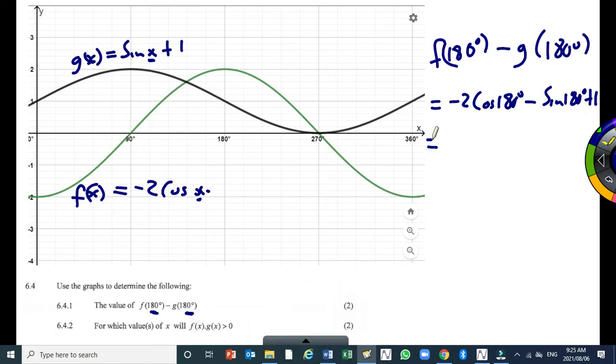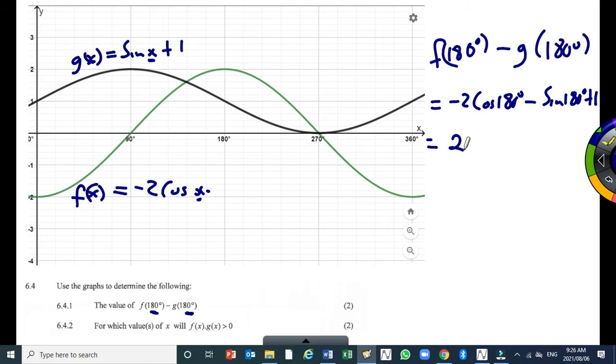Then you can use your calculator. What is cos 180 degrees? It will be negative 1, right? Then minus 2 times negative 1 will give you a 2.